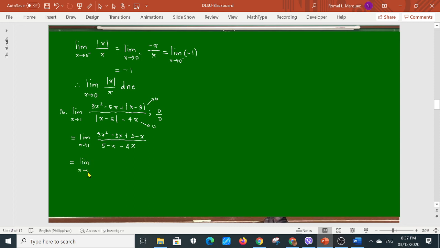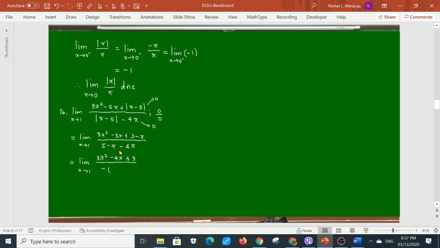X approaches 1. So, again, when simplified, 3x squared minus 4x, then plus 3, all over, this is, I factor out the negative.